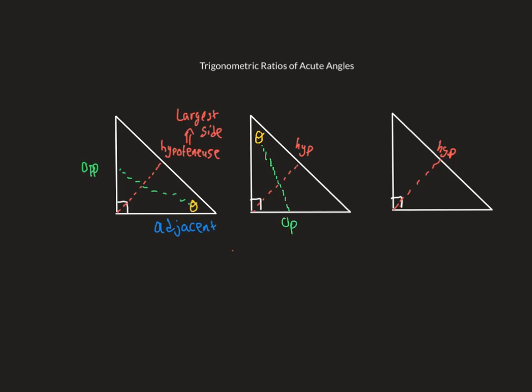So this should now be my opposite, which means my adjacent is going to change to this side. Remember, adjacent just basically means right beside it. Now, I left you a third triangle here to play around with, putting your angle any place and seeing how you can label these. So let's move on to the next slide where we start looking at the trigonometric ratios.